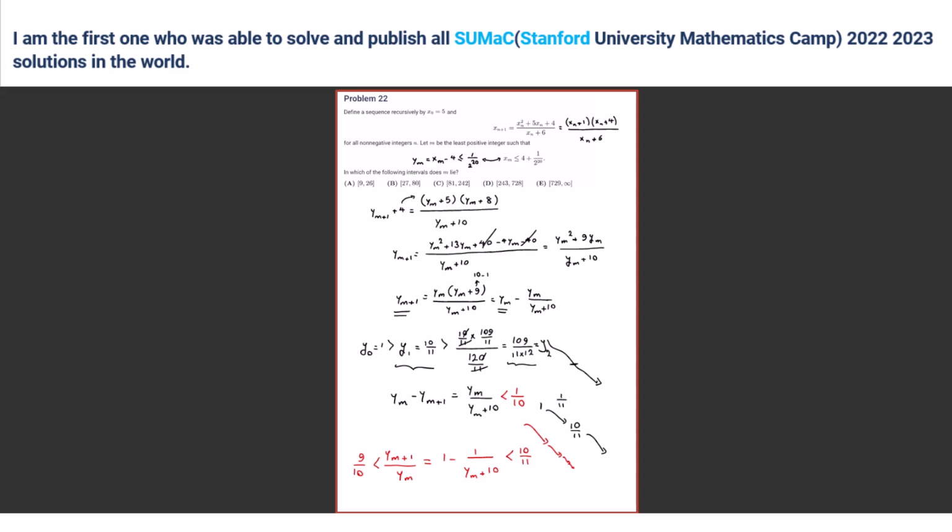What do you mean? Because ym plus 1 is equal to ym squared plus 9ym over ym plus 10, and since y0 is a positive number, so are all the terms in this expression. If you use induction, ym is positive, this one positive, so ym plus 1 is positive. Yeah, basically. Yes, so now we can say it's correct.